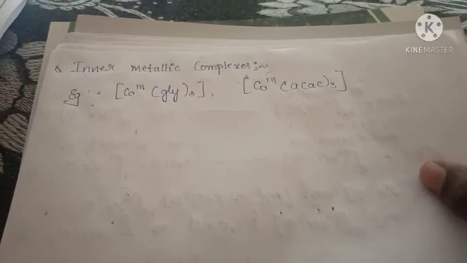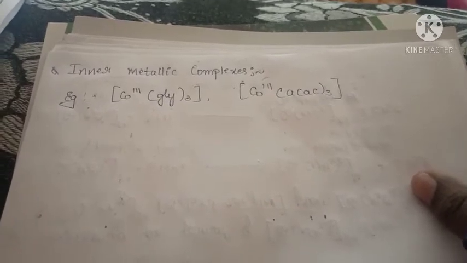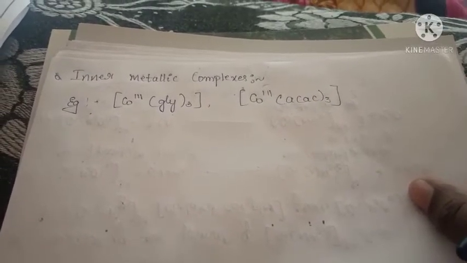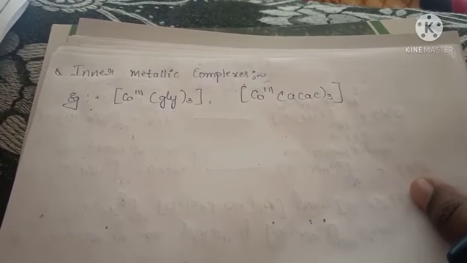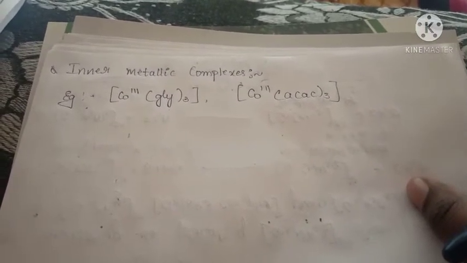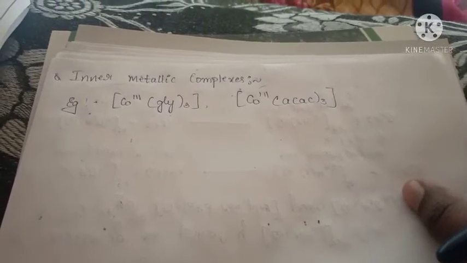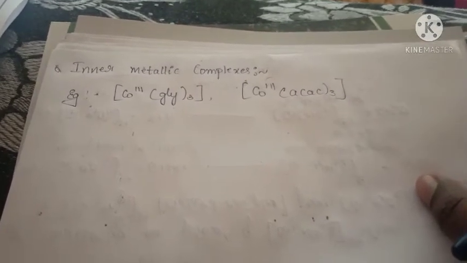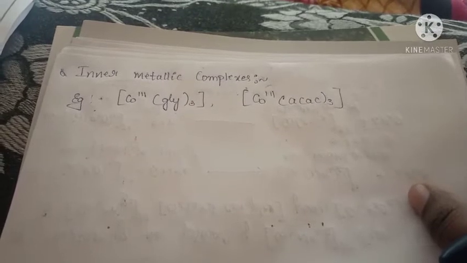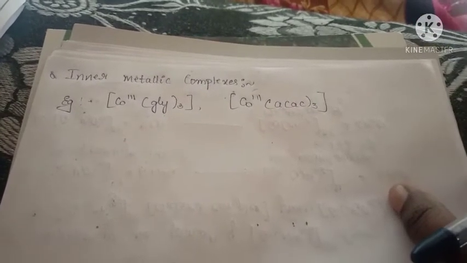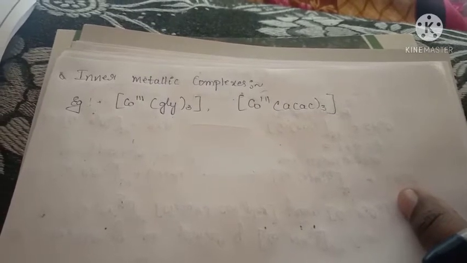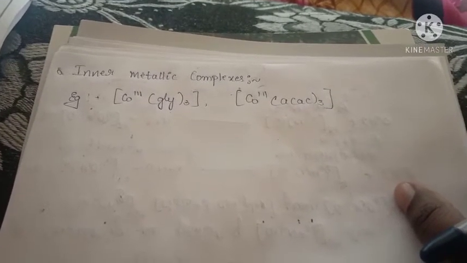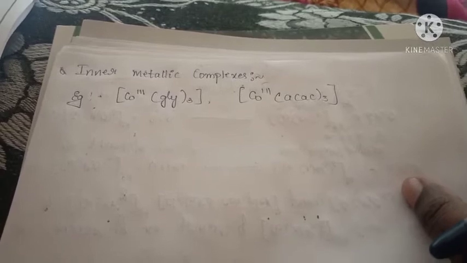Next, we move on to today's topic, that is inner metallic complexes. It means in inner metallic complexes, some ligands are bonded with the central metal atom. We know that a coordination compound or a complex means the central metal atom is bonded with ligands, which are negatively charged ions or may be neutral molecules.